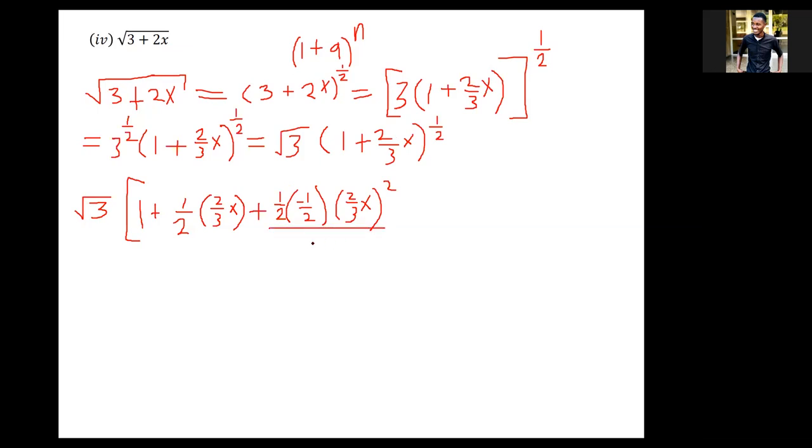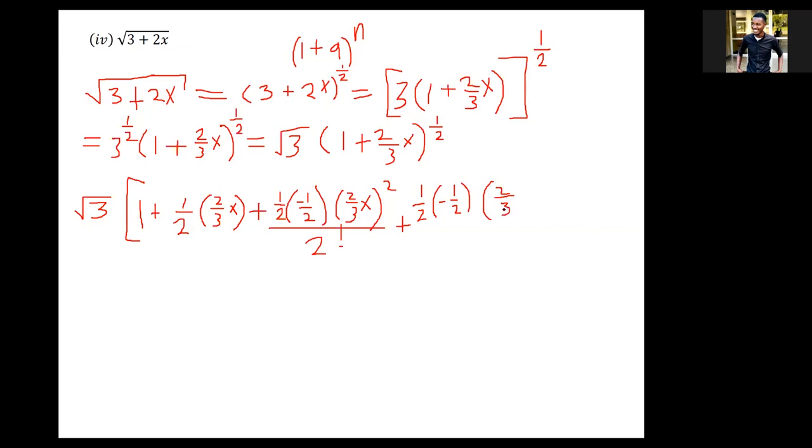Then you write over 2 factorial. Since they are telling us to end on x to the power 3, you keep on writing like that. So your n is half, then negative half there, and then this is going to be 2 over 3.